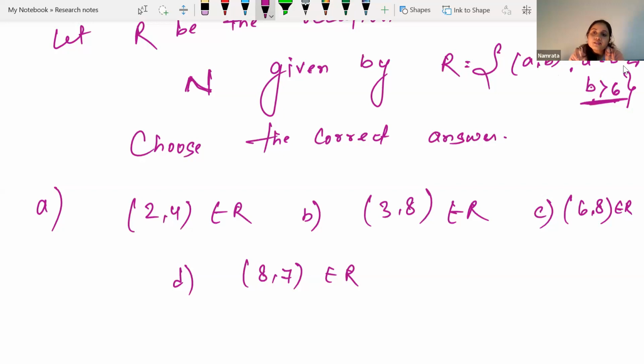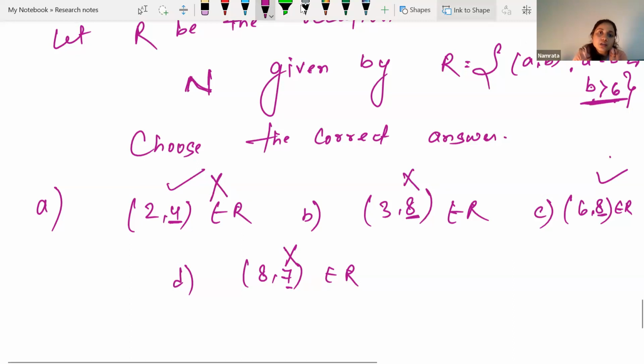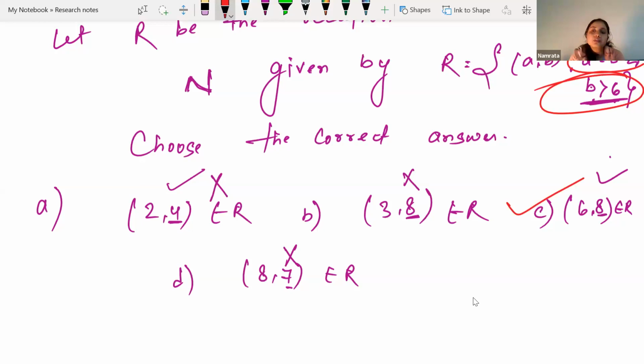Here it's given that A is equal to B minus 2. So this is fulfilling, this is not fulfilling, this is fulfilling, this is not fulfilling, right? Now the other condition is that B must be greater than 6. So for the first one, it's not greater than 6. Option C is the correct option, which is fulfilling both conditions. Is it clear?